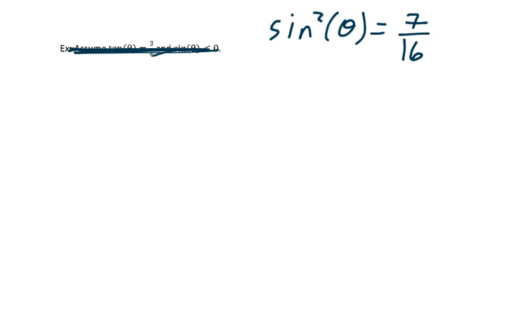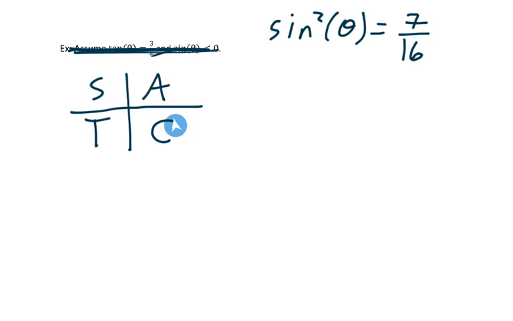Okay, so this is what sine of theta is. But if you remember, we know that tangent of theta was negative and cosine of theta was positive. So if we go back to All Students Take Calculus, if cosine is positive and tangent is negative, then we have to be in quadrant 4, because only cosine is positive. Hence sine is negative.